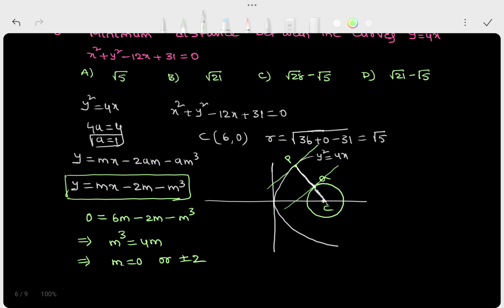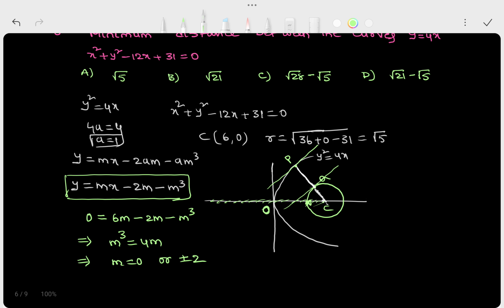Here m is equals to 0 means the slope of the normal is 0. In this diagram you can observe that the x-axis is also a normal. So the origin is also a point on the parabola. Now this one is the radius of the circle.